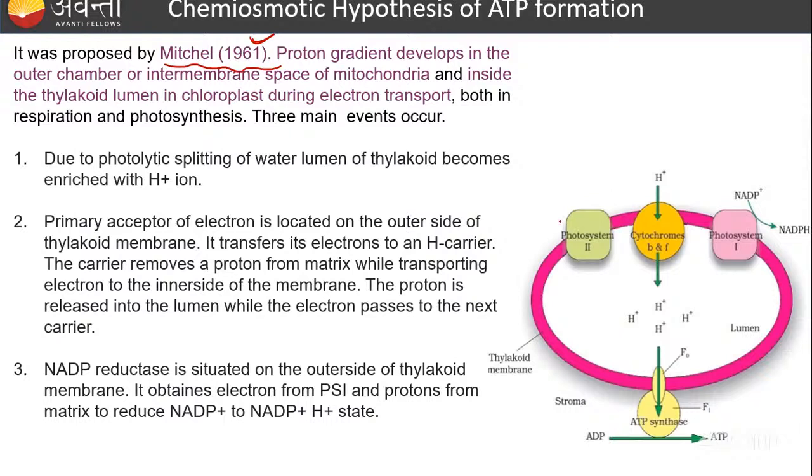Here you have to see, guys, this is how the electrons are going to move. Just see this diagram and these three points that I am explaining, then this concept will be easy for you. Now we are going to talk about how ATP is synthesized according to Peter Mitchell.